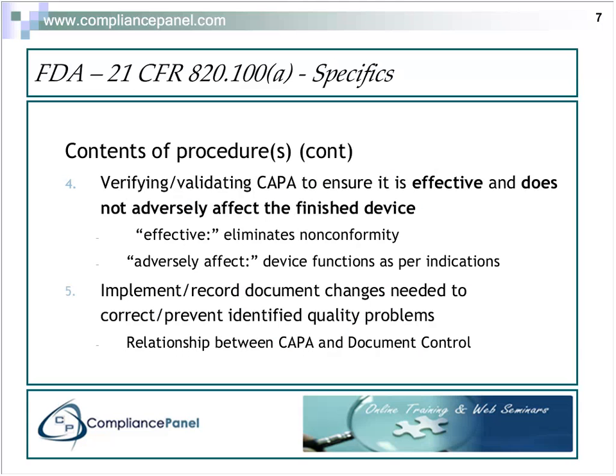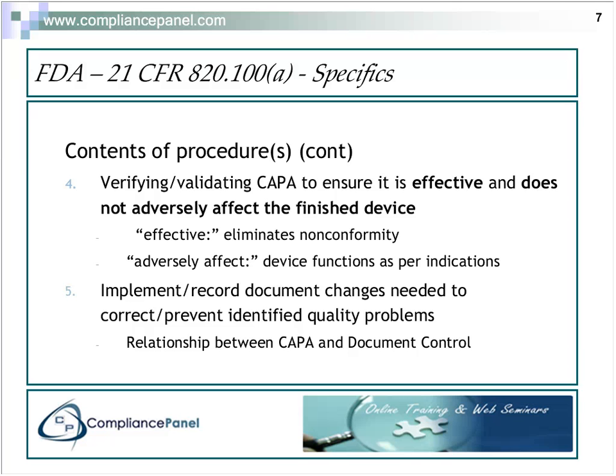Unlike sections that deliberately include reference to quality system and other quality problems, item 4 here is limited to devices, because you're required to verify or validate, up to you, your CAPA, the actions you're going to take, to make sure that these actions are effective and do not adversely affect the finished device.